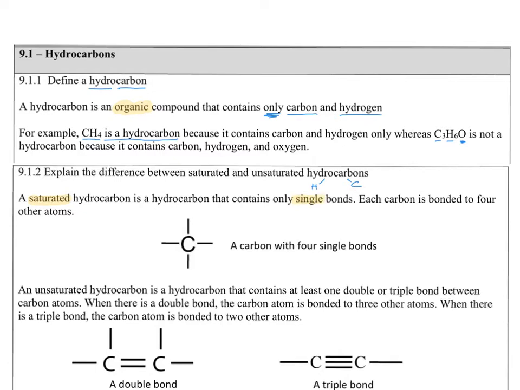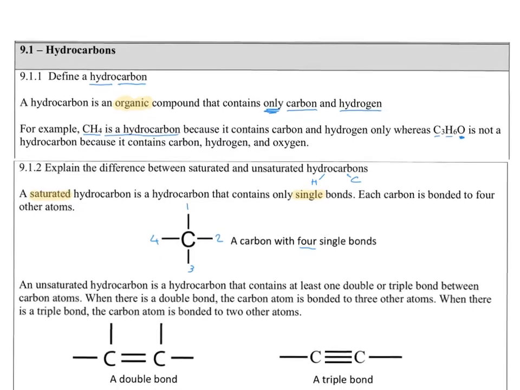A saturated hydrocarbon is a hydrocarbon that contains only single bonds. Now, carbon can have up to 4 bonds. So for it to be saturated, it has to have 4 bonds to different atoms. That would make it saturated.